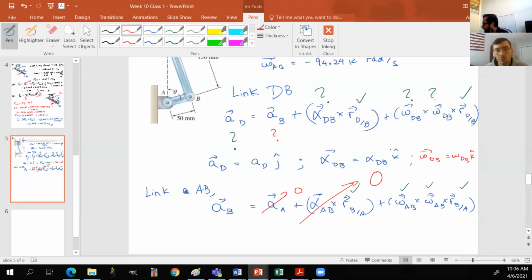Alpha DB is another unknown, so that's 2. AD is another unknown, that's 3. AB, 2 unknowns, because it's going to have components both in the x and the y, so that's 5. So you have 5 unknowns, but you only have 4 equations over here. What do you do?